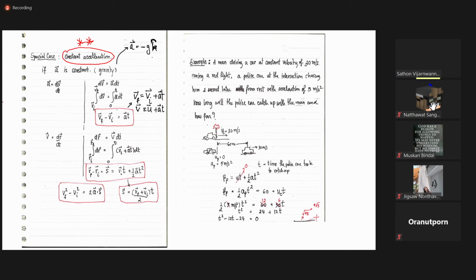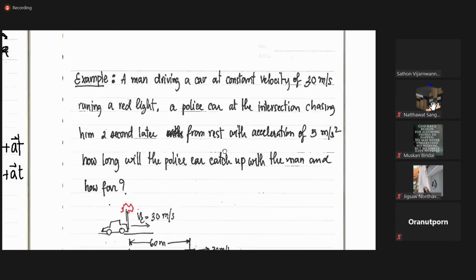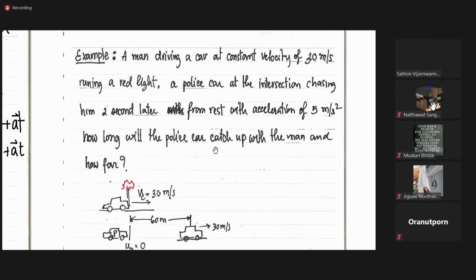So let's take a look at an example in this case. This is a typical question you can find in the book.